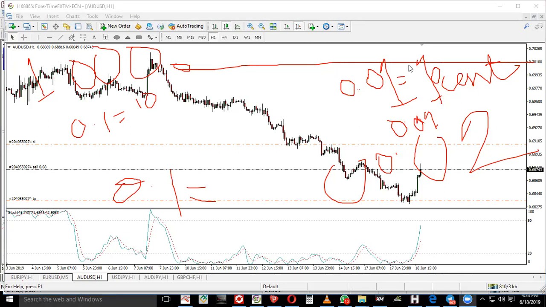The same way, if I'm using 0.09, it is 90 cents. For every one pip, I'm losing 90 cents, which is the same thing as $0.9.